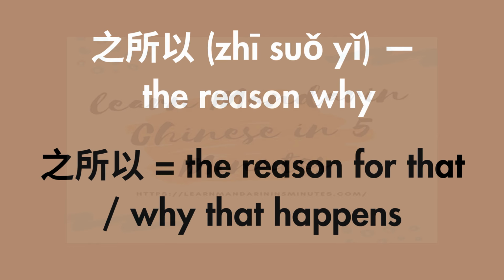之所以 means the reason for that or why that happens. This is one of the places where 之 behaves like classical pronoun. This, that, it, pointing back to the situation you are talking about. 所以 originally relates to that by which the reason or means, and 之 becomes the reason for it or the reason for that.